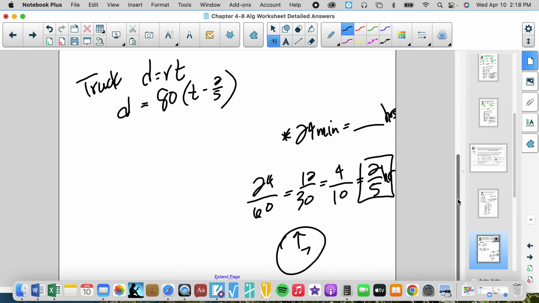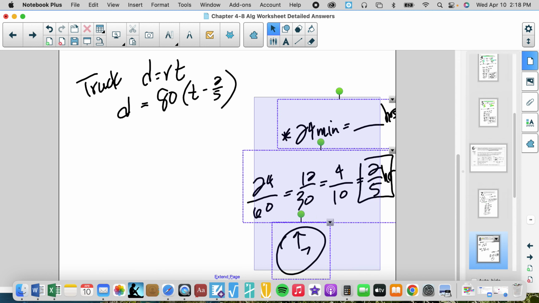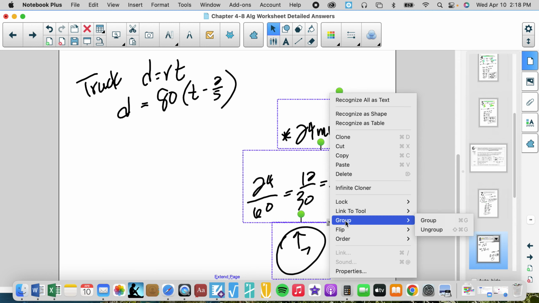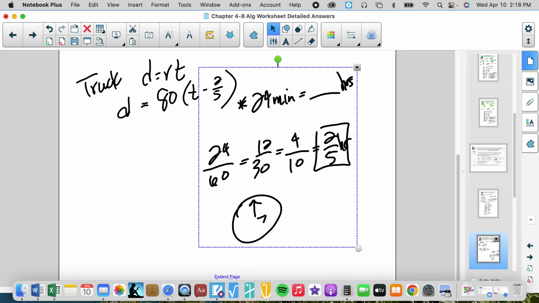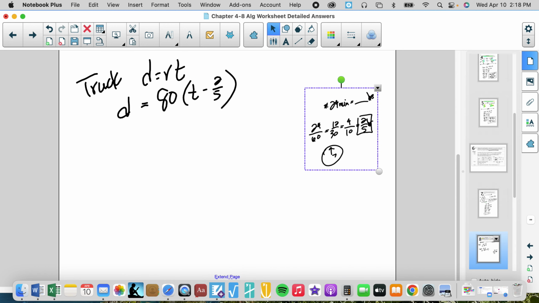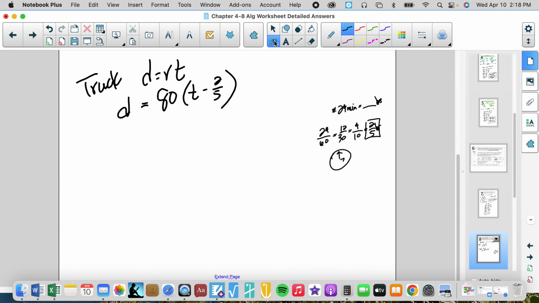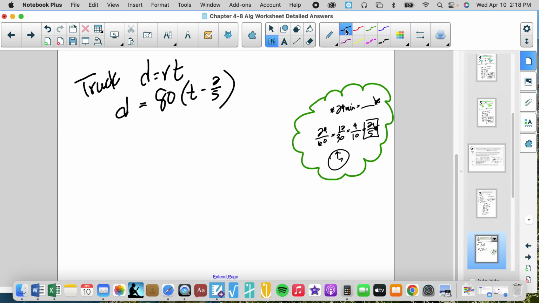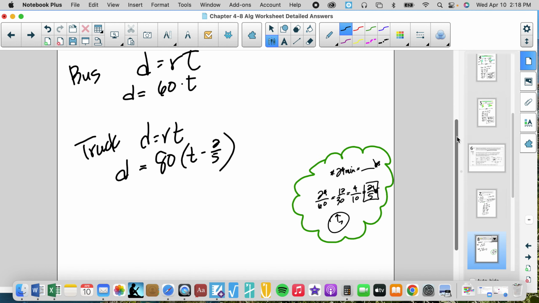So, let's grab this. Let's group it. Let's make it a little bit smaller. And let's make it nice and colorful. Hey, keep in mind, you have to convert minutes to hours.